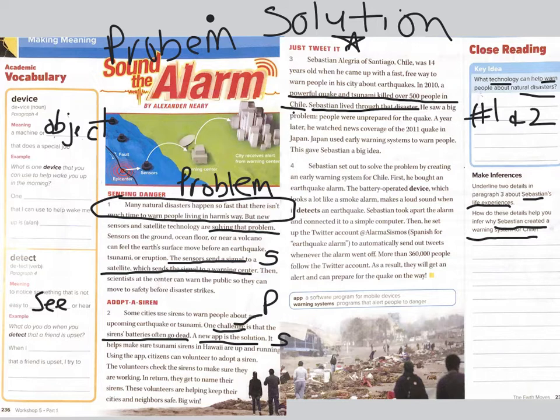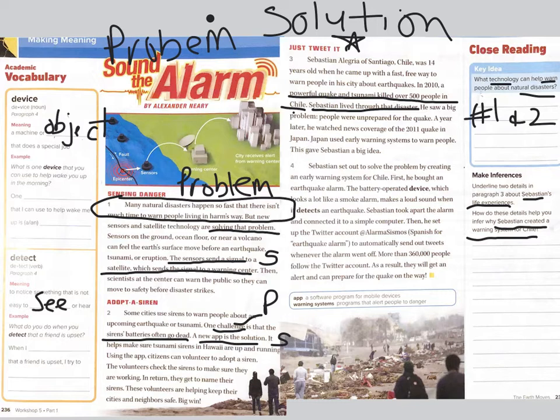Then he set up a Twitter account, at Alarm Sismos, Spanish for earthquake alarm, to automatically send out tweets whenever the alarm went off. More than 360,000 people follow the Twitter account. As a result, they will get an alert and can prepare for the quake on the way.